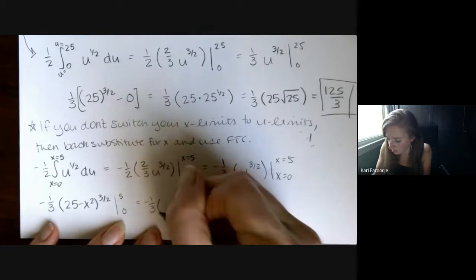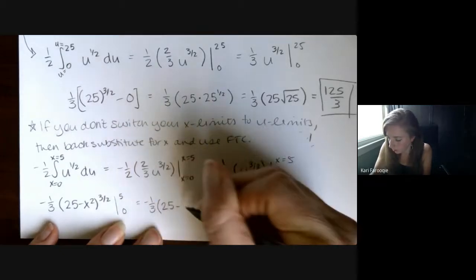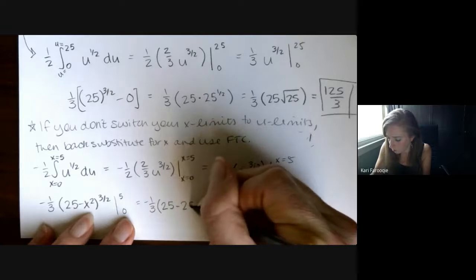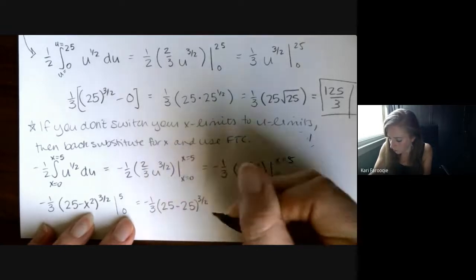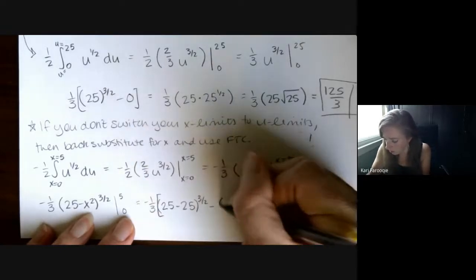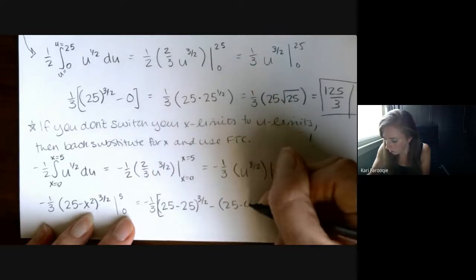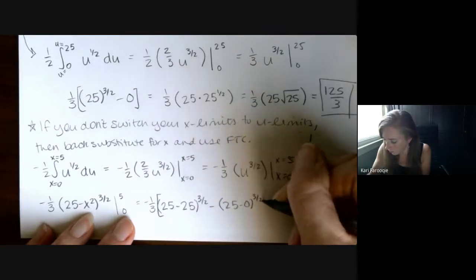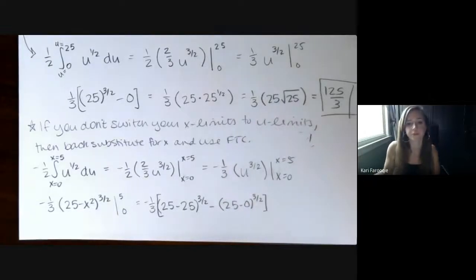So you'd have -1/3, and then 25 minus, and then 5 squared is 25 to the 3/2 minus, and then 25 minus 0 to the 3/2.